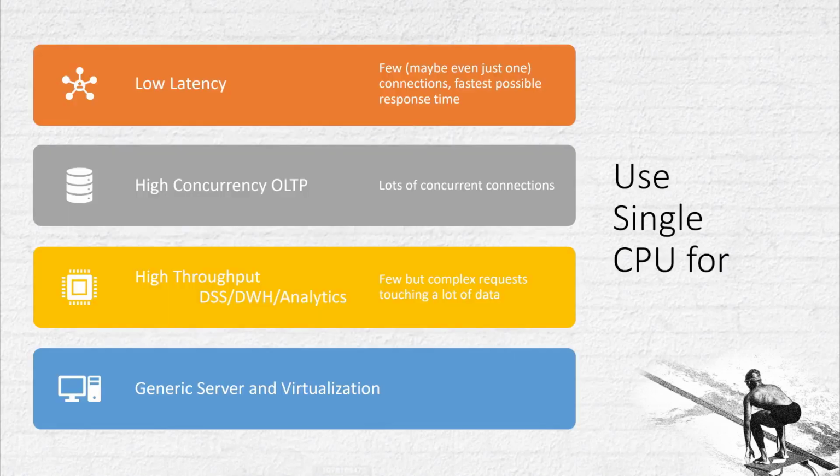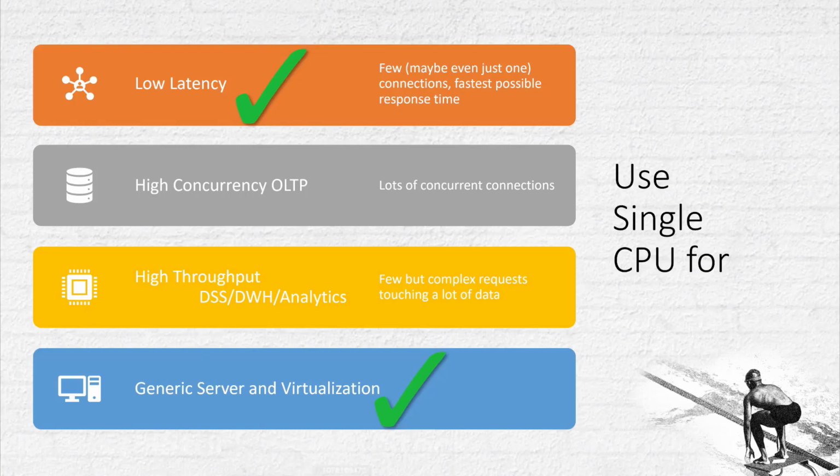So, use cases for a single CPU. As I said, our 4 sample workloads: low latency machines can only run on a single CPU. If you want the lowest possible latency, you cannot have a second CPU. The second one, generic servers, also work very well these days on single CPUs. The main reason is there are now single CPUs with 64 cores plus hyperthreading. That's 128 threads you can run on.